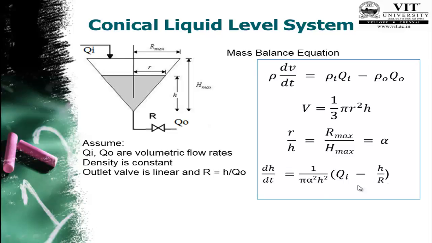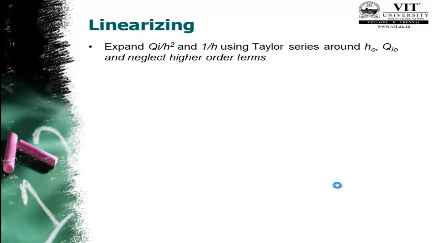These two terms we have to linearize now. We are going to expand qi by h square and 1 by h using Taylor series around h naught and qi naught, and as usual, we will be neglecting the higher order terms during linearization. Now you can see the first term involves a two variable case and the second term involves a single variable case.